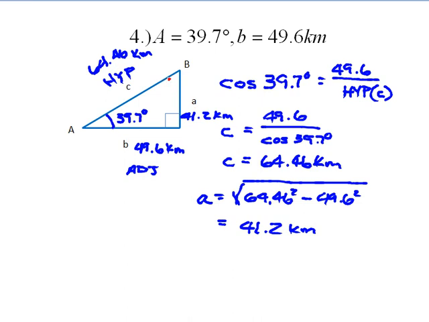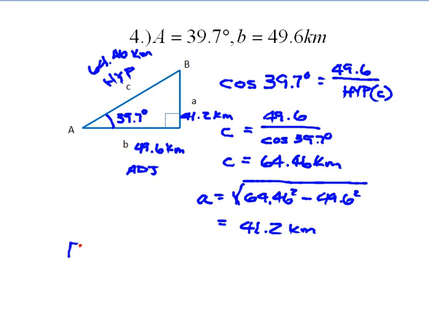All we need to do is find angle B. Okay, if this is 90, I'm going to switch this up a little bit on you. If this is 90, then these two have to equal 90 in order for a triangle to equal 180. So let's eliminate that step of 180 minus 90.